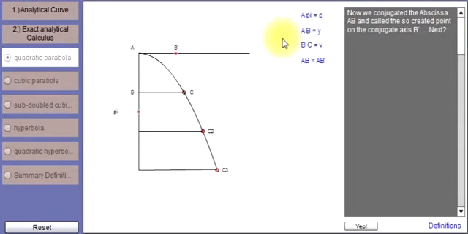So you have the abscissa AB here, and he also introduced the conjugated abscissa as AB emphasis, which is basically the same distance AB, but just put onto the conjugate axis. And this is useful for some of the constructions we are going to present in the following.